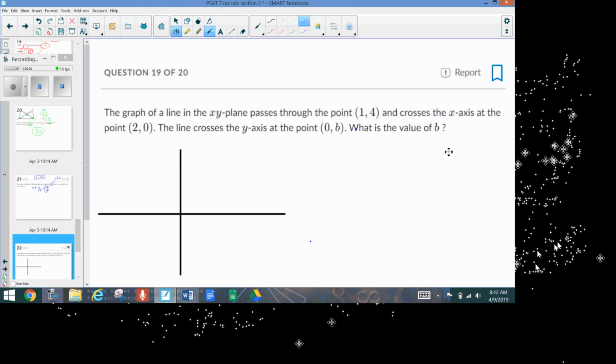It passes through 1, 4. X is 1, y is 4. The graph in the xy plane passes through 1, 4 and crosses the x-axis at 3, 0.